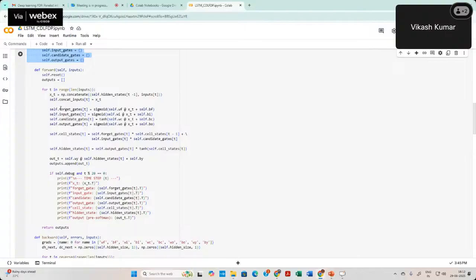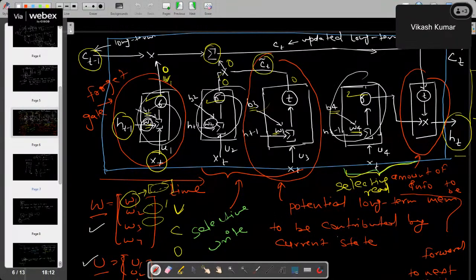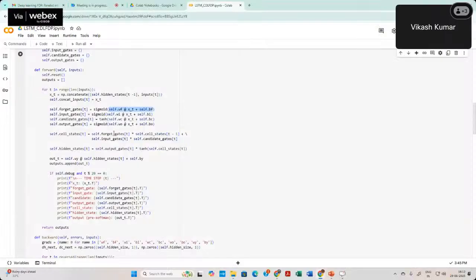This is the forward pass in the training. Just look here: we have the forget gate, input gate, candidate gate, output gate, and cell state, and this is basically how we have seen it. If you look at the forget gate in this example, it was the multiplication of these two values: the forget gate weight matrix times the input, plus the bias of the forget gate.